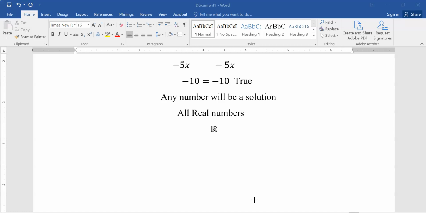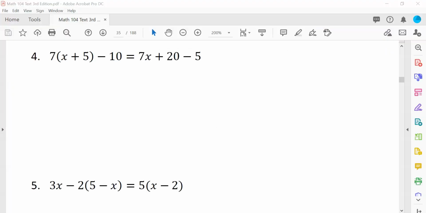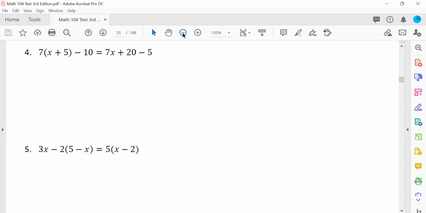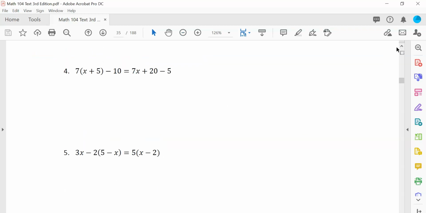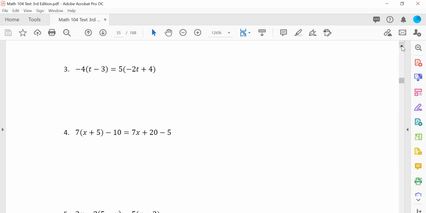So this is what happens in terms of these two unique situations. Now, these are unique situations. They don't happen often, but they are something that you'll have to come across in terms of the test, in terms of the homework, that sort of thing.